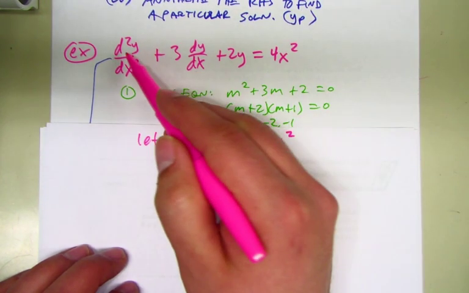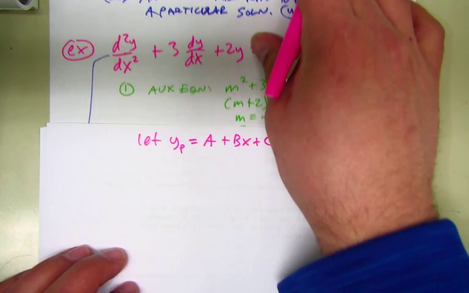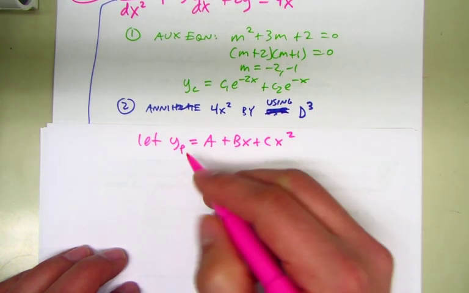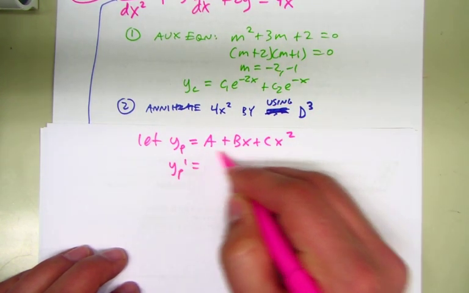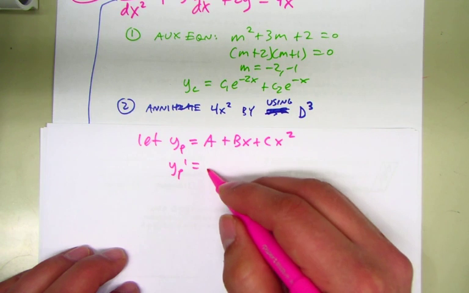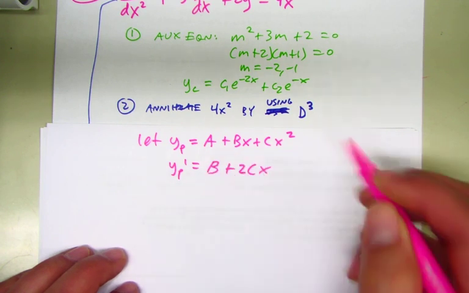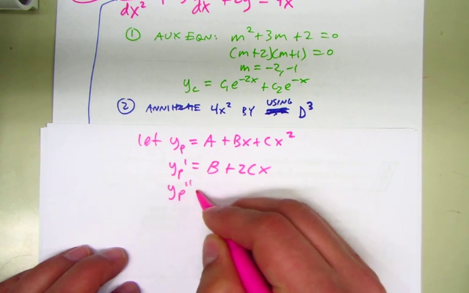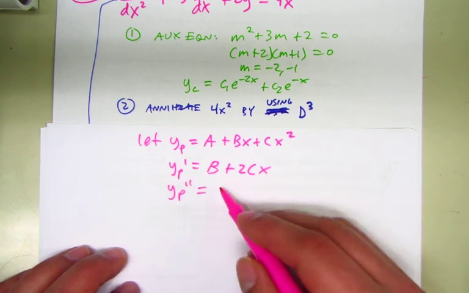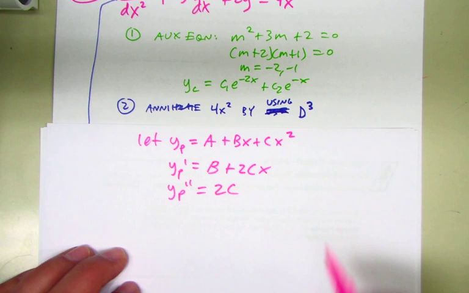So that means we got to find the second derivative, and we also have to find the first derivative. Okay, so first derivative for this function with respect to x will be b plus 2cx. And if I find the derivative again, the second derivative will just be 2c.